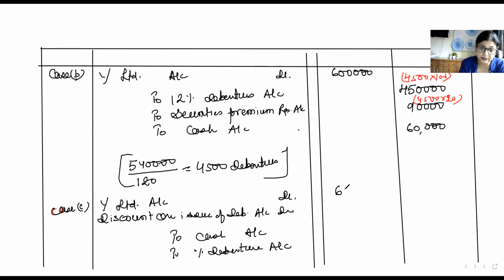So 6 lakh rupees, which is the purchase consideration, will come over here. 60,000 in front of cash, and for the remaining, we will first have to calculate how many debentures are being issued. So let us calculate.